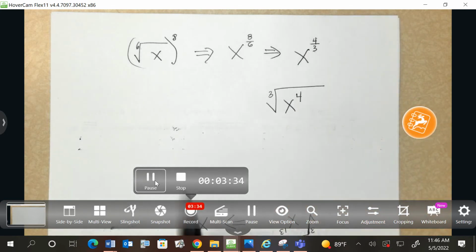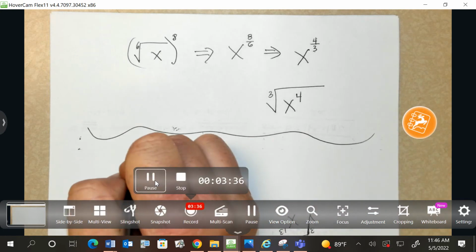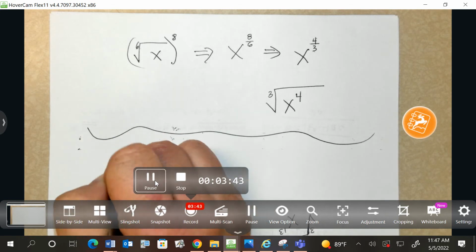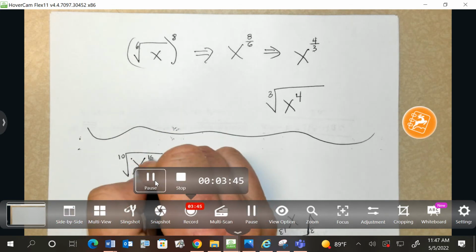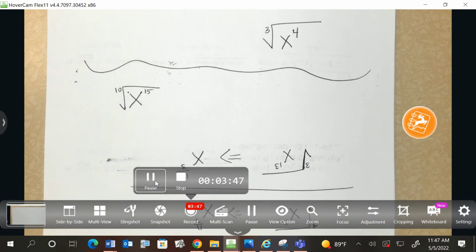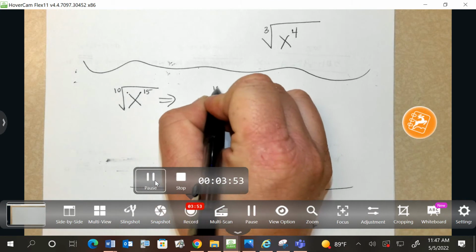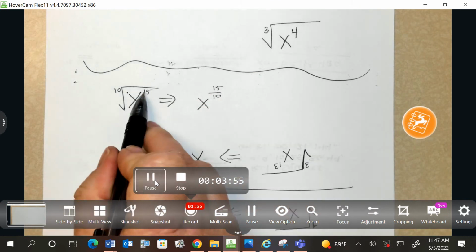Let's do another one like this. Okay, so this is the expression. I'm first going to rewrite it in rational exponent form. 15 on top and 10 on the bottom.